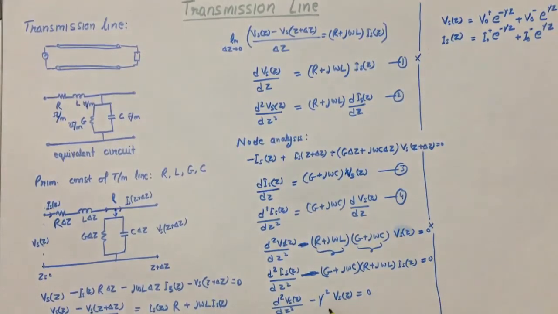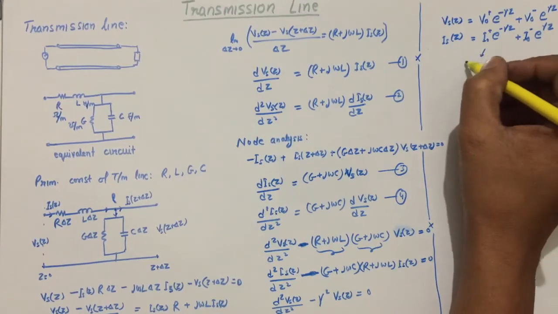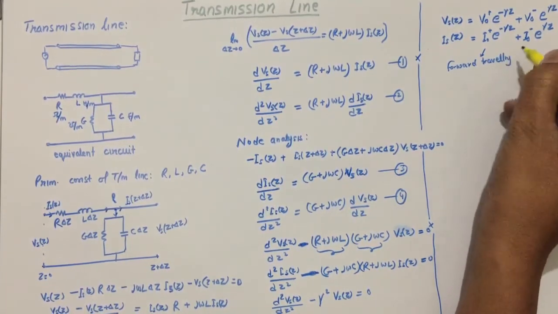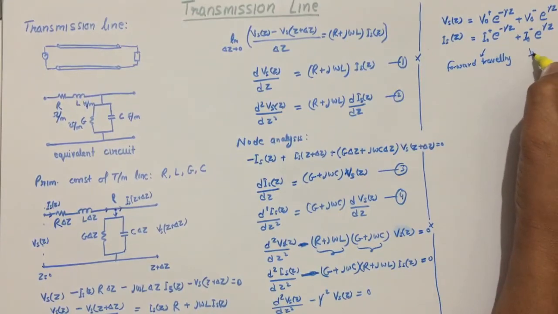These are the solutions of this and the other form of the wave equation that we can get from here. So these components are known as the forward traveling wave and these are the backward, or we can say reverse, traveling wave.